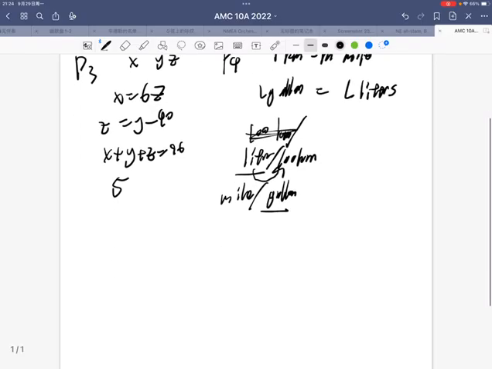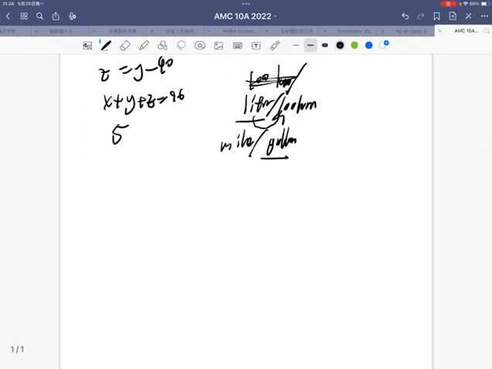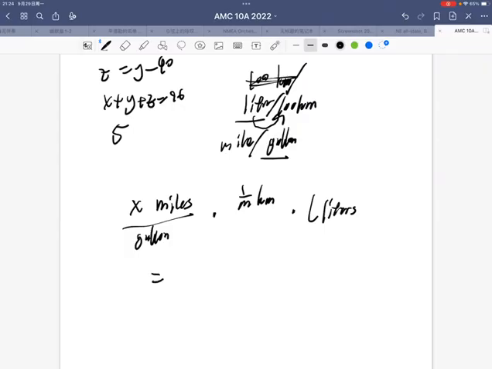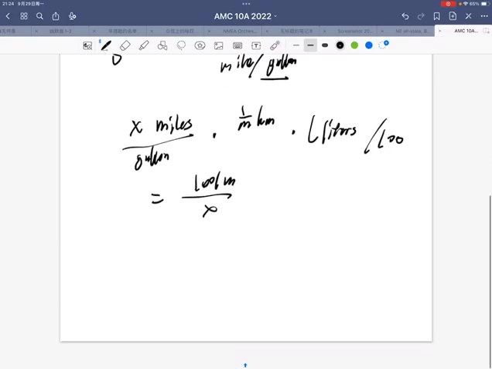However, if you just do some very standard exchanging of units, we have x miles per gallon in one country times, well, 1 mile is 1/n of a kilometer, and then times 1 gallon is L liters, and then we have to flip it around, which means we get 100 L over x, right? We have to also divide that by 100 before flipping around, because we're finding 100 kilometers for every liter.